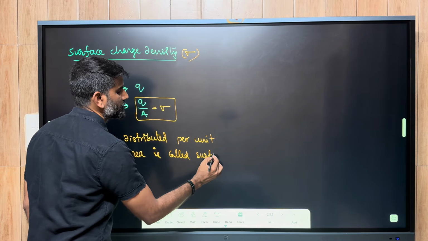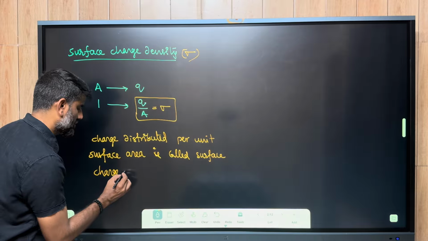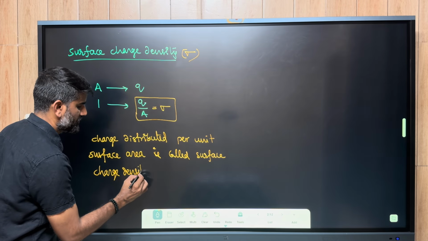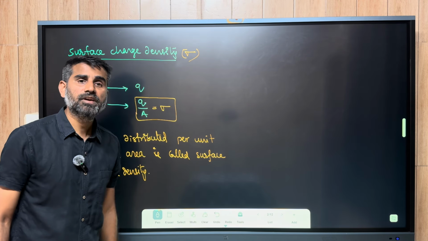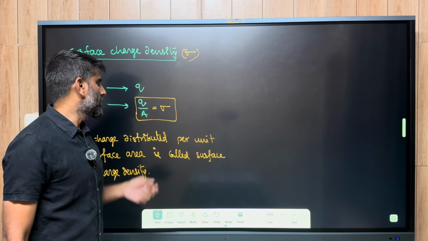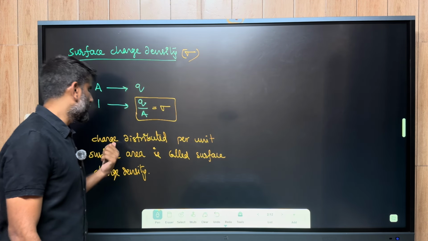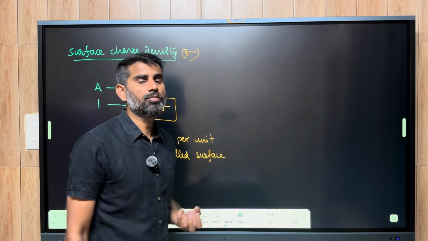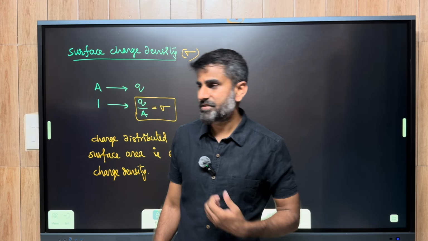Okay, surface charge density is denoted with sigma. Its formula is charge by area. So its definition is: charge distributed per unit surface area of the object is called surface charge density.